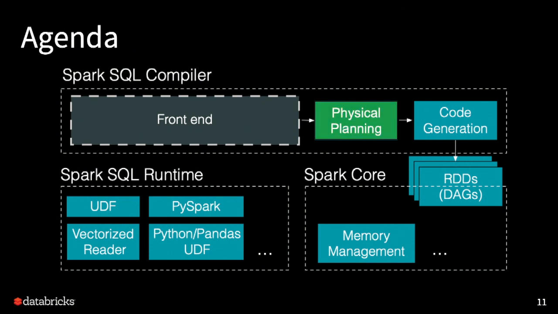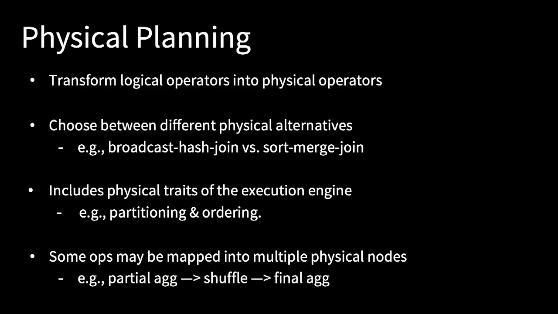So first, let's take a look at physical planning. As mentioned earlier, physical planning is basically what transforms a logical operator tree into a physical operator tree. One important aspect of physical planning is to choose the best physical strategy for a specific logical operation.